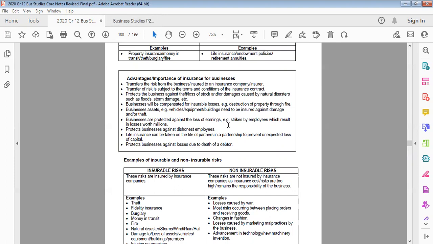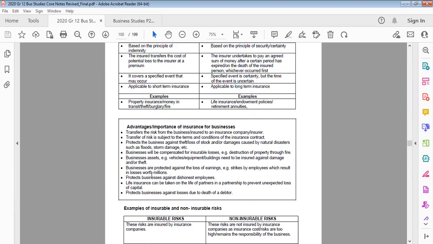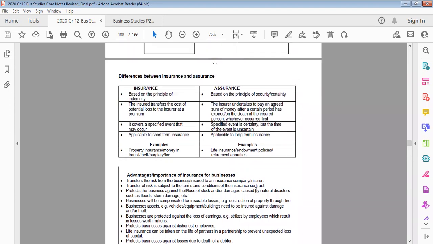Remember, I always say, if you can't explain the advantages of insurance for business to someone else, then you don't understand it, which means you must go back and read through it again. Okay, maybe you must check the definitions of a couple of words so that you can have a better understanding of what the sentence is saying. Okay, but that's basically what you need to do. That's the work you need to put in.